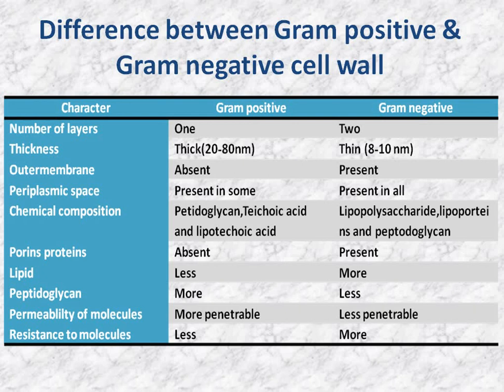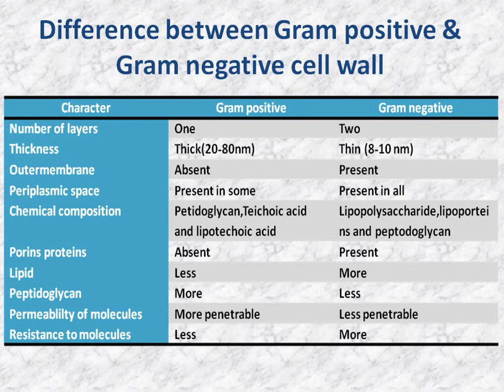Porin proteins are absent in gram-positive, but present in gram-negative. The lipid content in gram-positive is very low, but higher in gram-negative, as lipids are also part of the outer layer present outside the peptidoglycan layer.